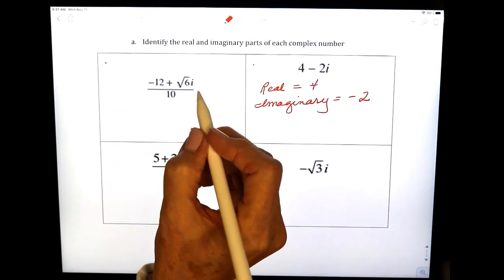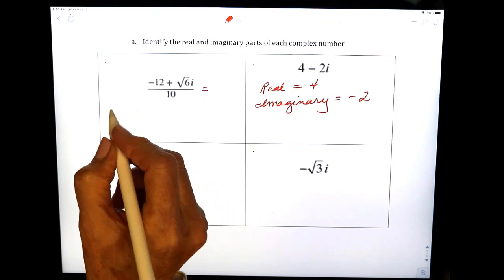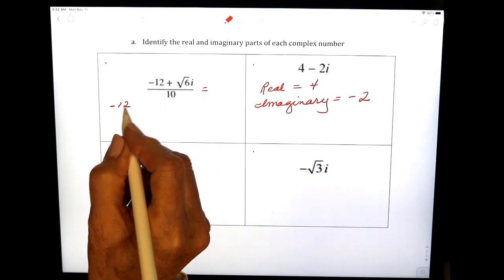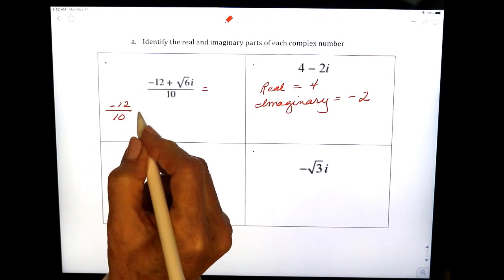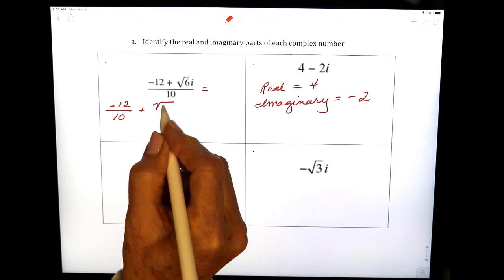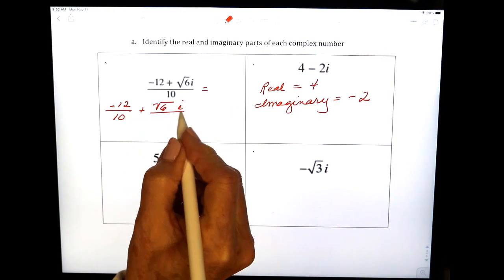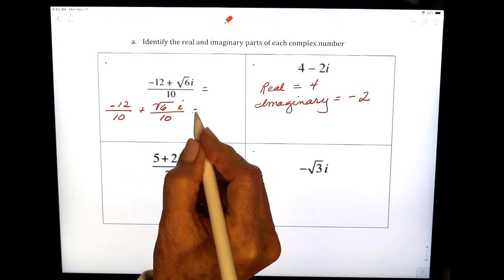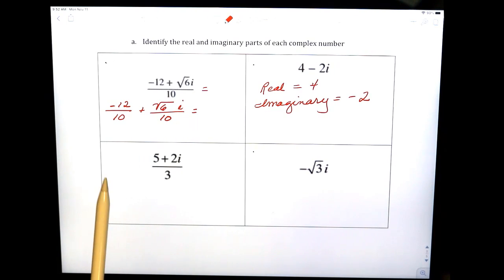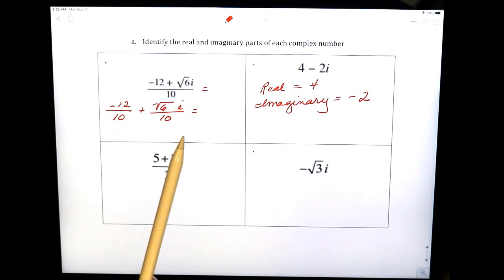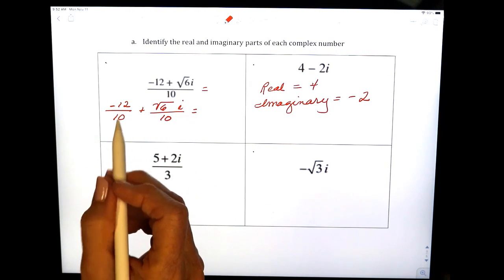Let me show you on this first one over here, in order to get it separated into real and imaginary. This one, because it's fractional or rational, needs to be broken apart into the two pieces. And you can see the first part is the real part because there's no letter i in there, and the second part is the imaginary part. So I can do a little simplifying here.